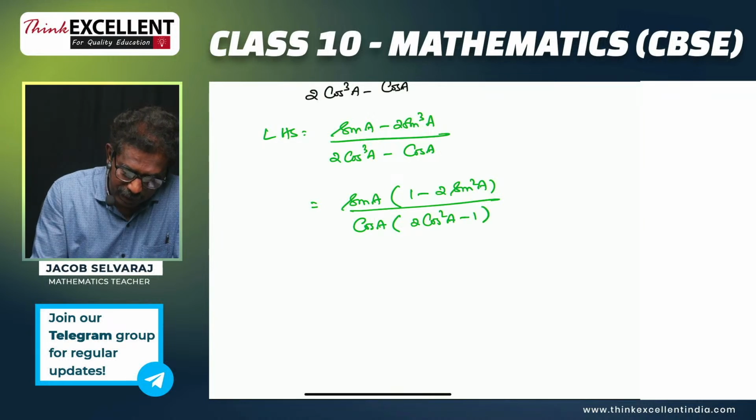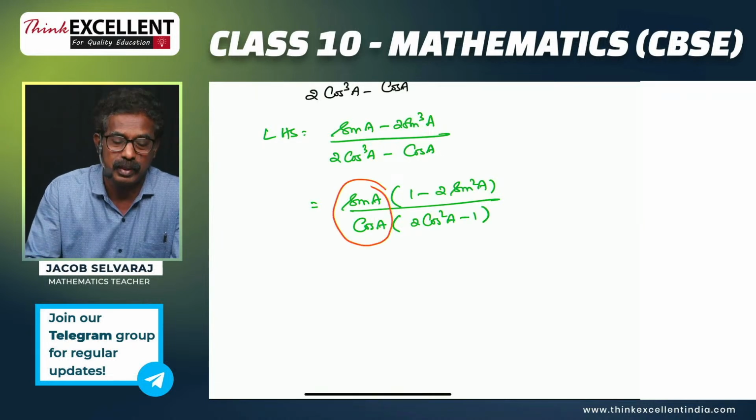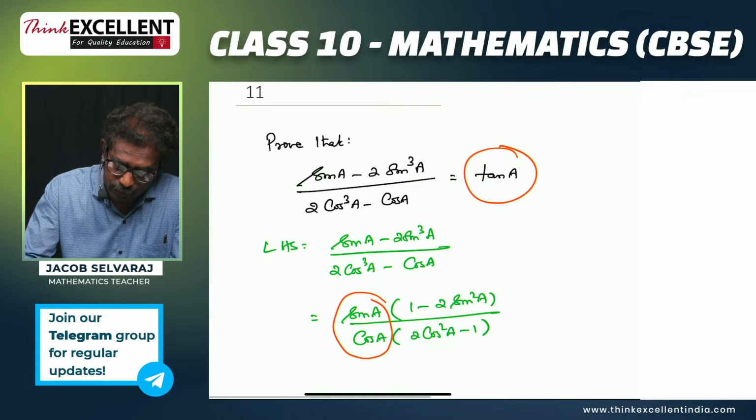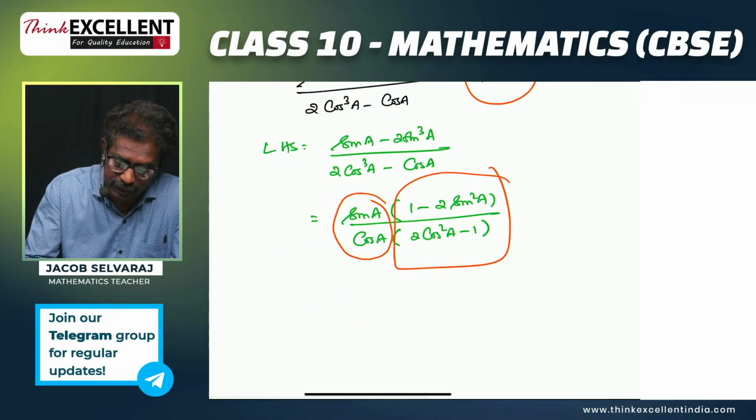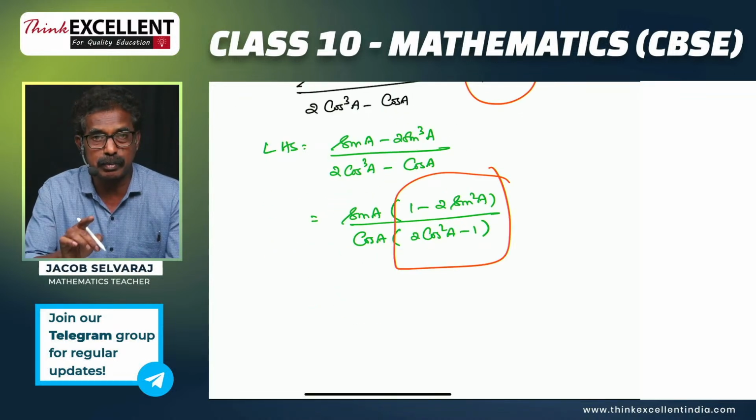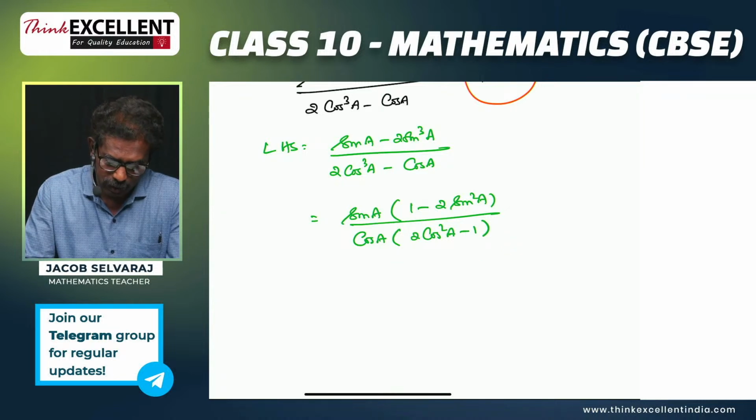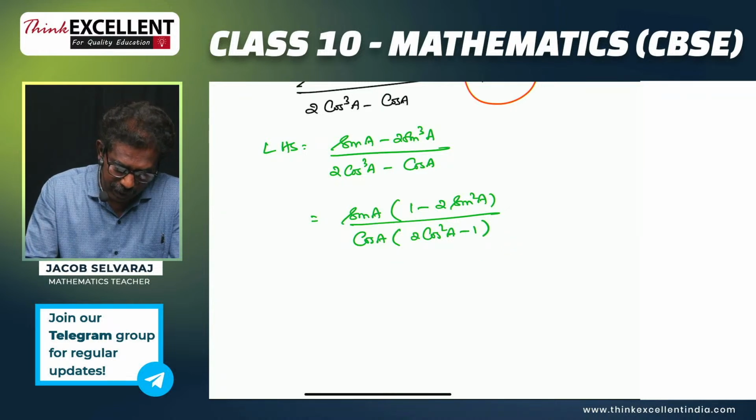As I said earlier, sine A by cos A is tan A. The answer we are supposed to get is tan A only. That means this part must get cancelled. So they must be same, right?